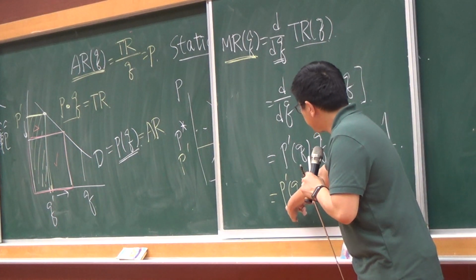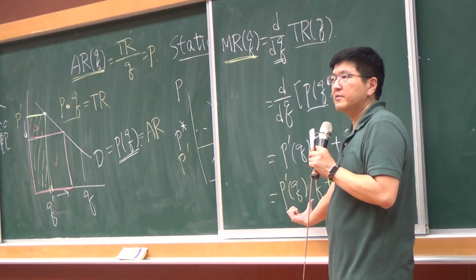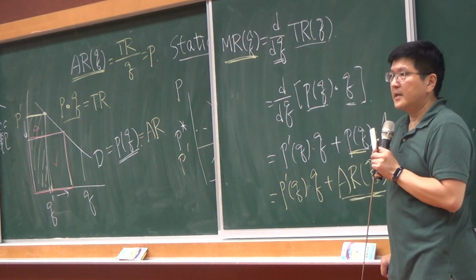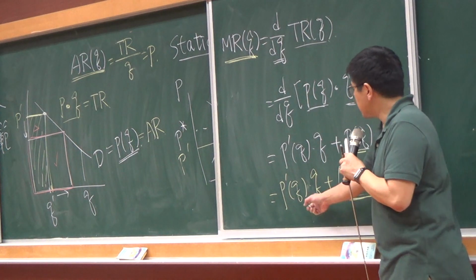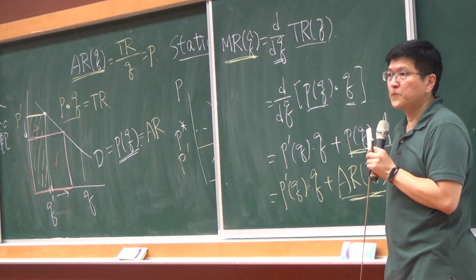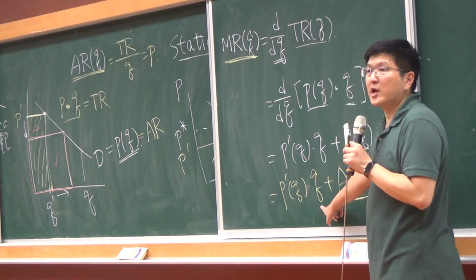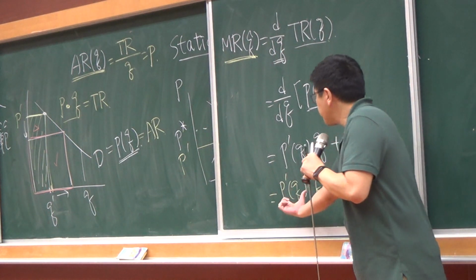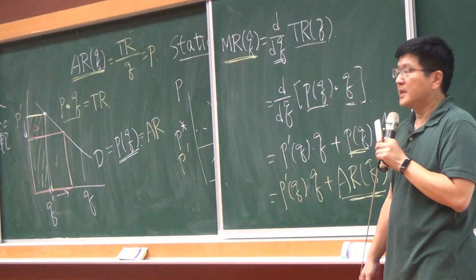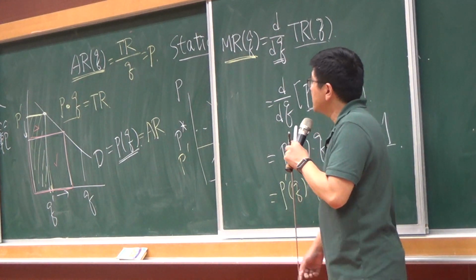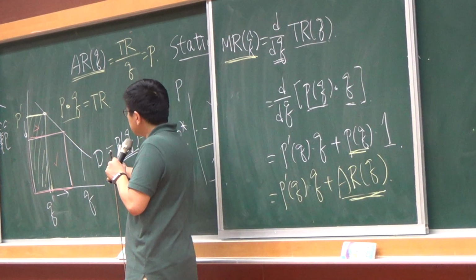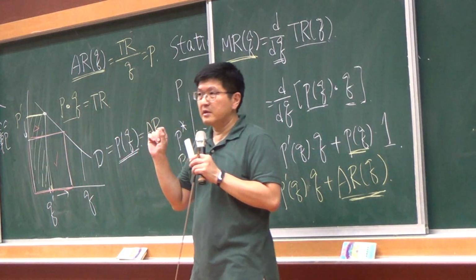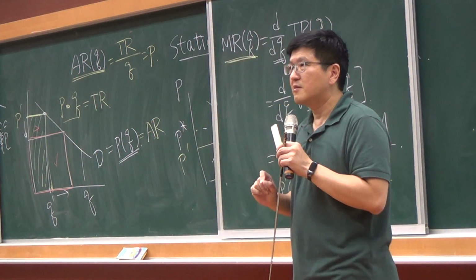What do you think about this part? Is the value positive or negative? Q is quantity, right? Q stands for quantity, so it must be positive. What about P prime? What does P prime mean? P prime is the slope of the curve, right?